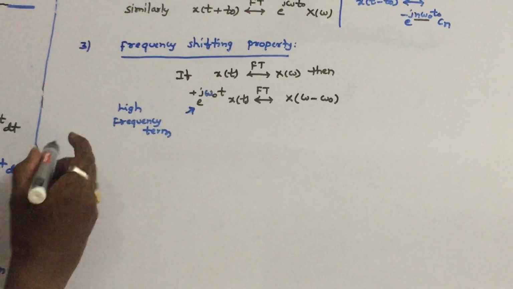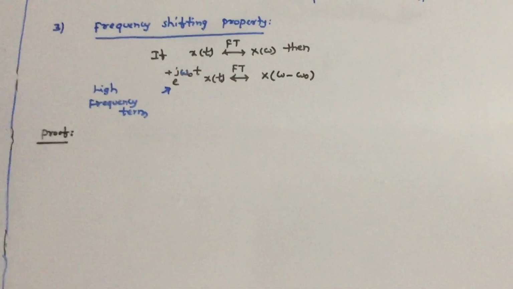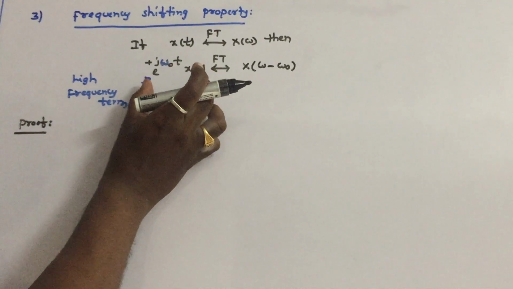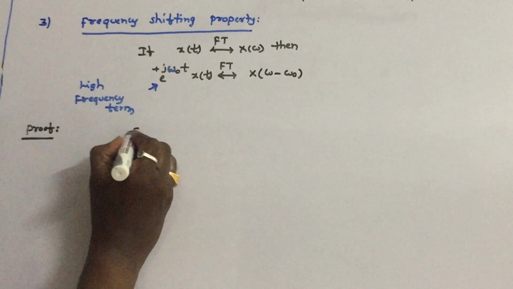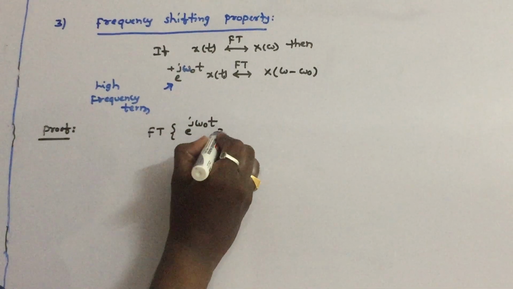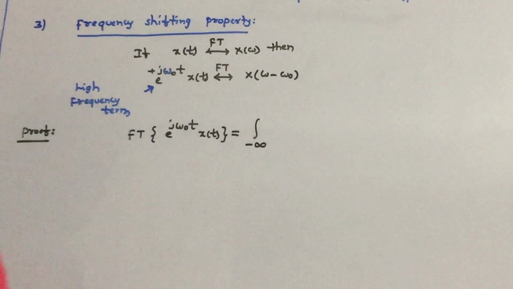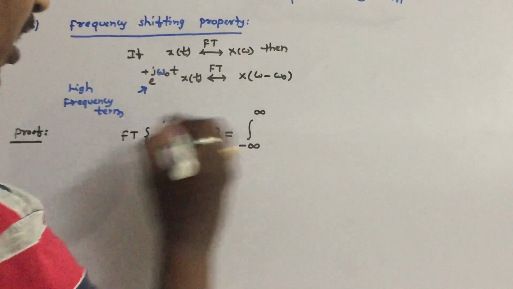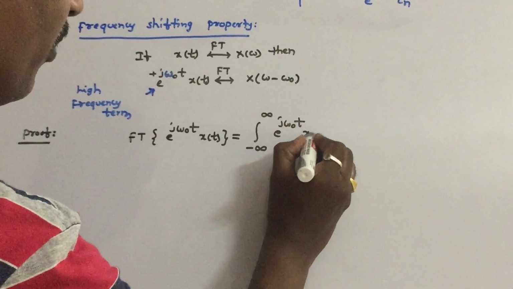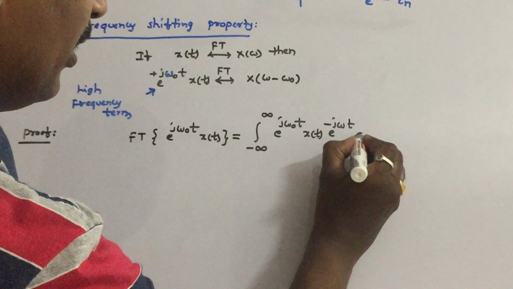Now let us prove this very simple property. Proof: we want to find the Fourier transform of this. So the Fourier transform of e power j omega naught t into x of t: we just substitute in the definition, integral from minus infinity to infinity, e power j omega naught t into x of t into e power minus j omega t dt.